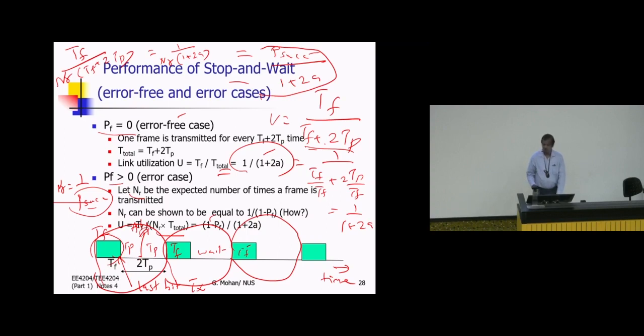So that means as part of the test or exam, if you are given acknowledgement carries 100 bytes, that means you should not ignore it, correct? So you need to calculate acknowledgement transmission time. You need to add it in the denominator. But this expression will be the same, TF divided by TF plus 2TP, but with the addition of acknowledgement transmission time at the denominator.